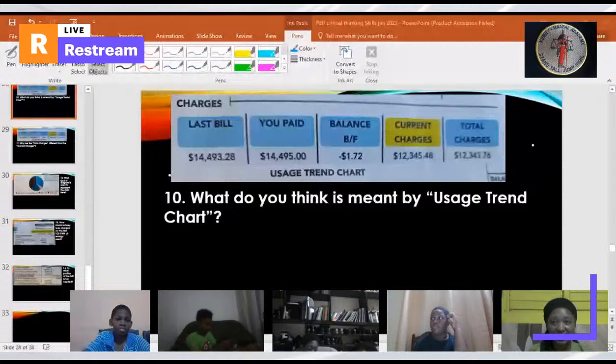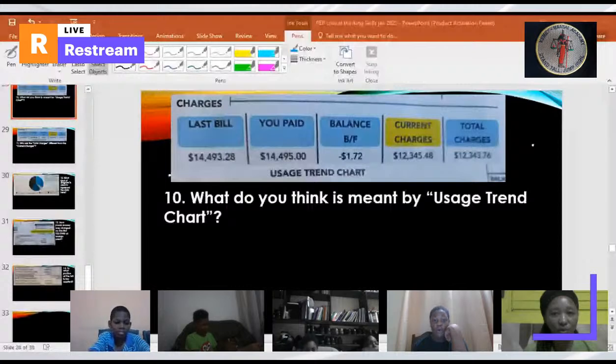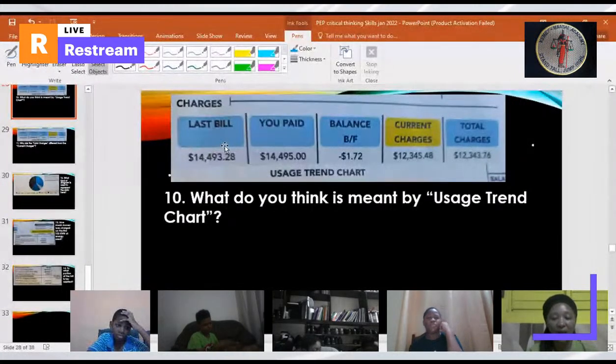But what I want you to do, whenever you're asked to find something, try not to use the same words from the phrase. Use something else, put it in your own words to explain. So it is the pattern of how Mrs. Scarlett has been using her electricity, the last bill, and also they're tracking her payments as well.